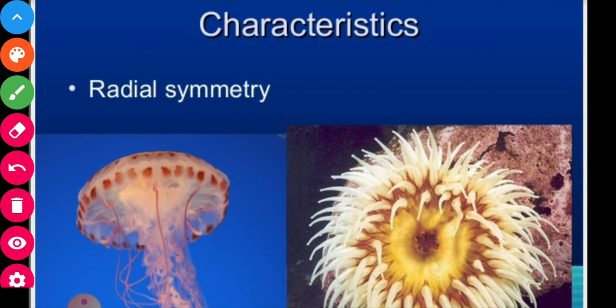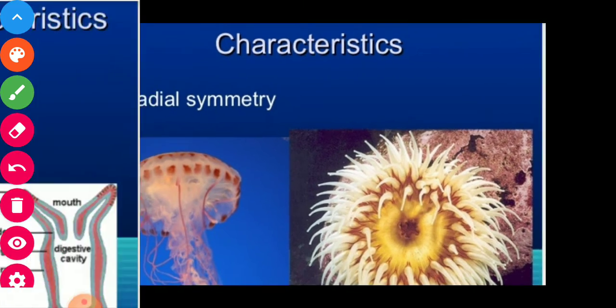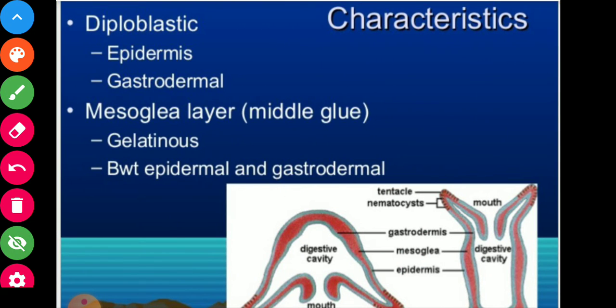Characteristics: number one, they have radial symmetry. They are diploblastic, having two layers in the body, epidermis and gastrodermal cells. See here, they have the gastrodermis layer and epidermis, and between them a non-cellular layer, mesoglea, is present.